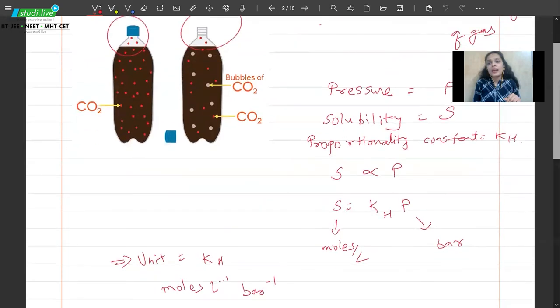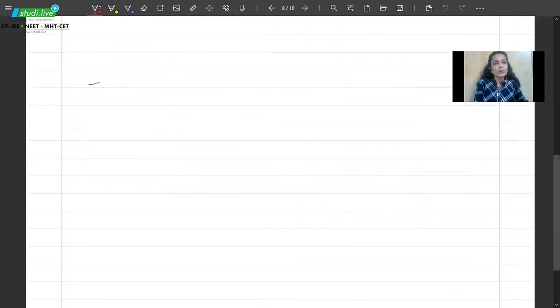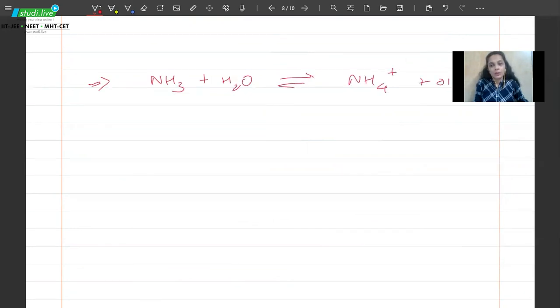But there are a few exceptions to Henry's law that you need to understand. Suppose I'm dissolving ammonia in water. Ammonia is going to react with water, and as it reacts with water, it is going to show more solubility than we had assumed.